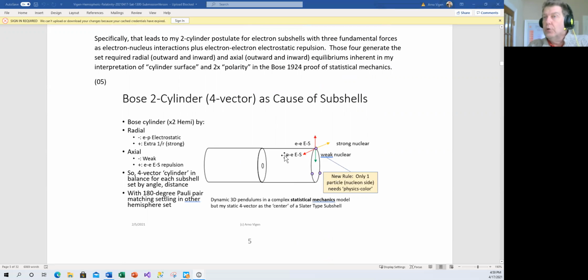So the proton-electron electrostatic force, we all know about, that goes towards here. Now we also know the Bohr has an extra 1 over r opposite force, and that's a repulsion. I've related that in my earlier papers to the strong nuclear force. Okay, it is opposite, but its scale is extra 1 over r.